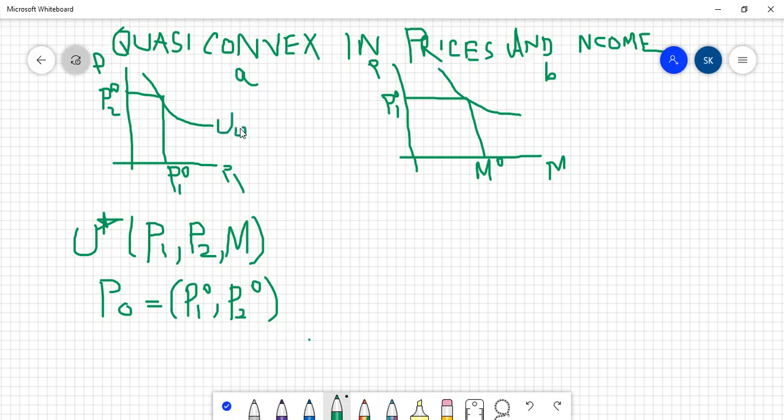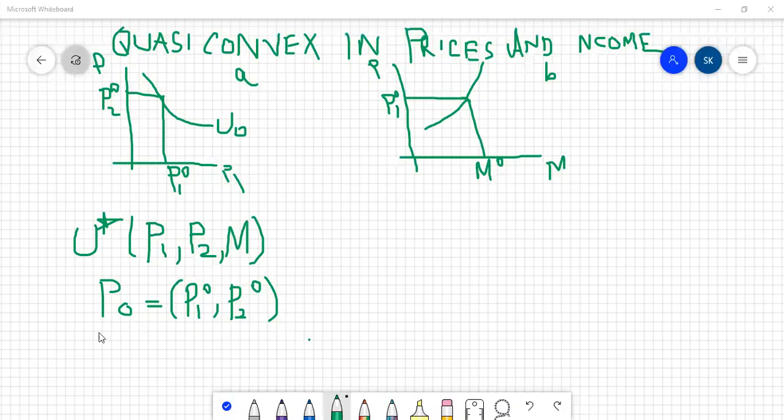There's one more thing that I want to explain over here. So now P naught is equal to P1 naught and P2 naught. It is some arbitrary point. In figure B, the curve should be of this shape, okay? So the indifference curve is U naught, that is this one.